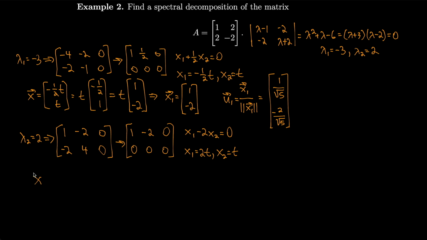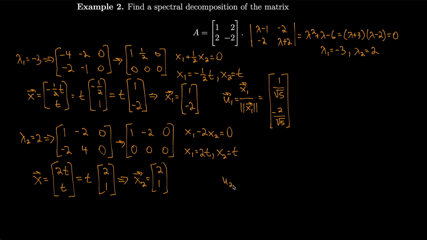So I'll have my vector x in this case equal to (2t, t). And I'll factor out t, and I'll get (2, 1). And that'll give me a vector x2 equal to (2, 1). Okay, so let's normalize that now.